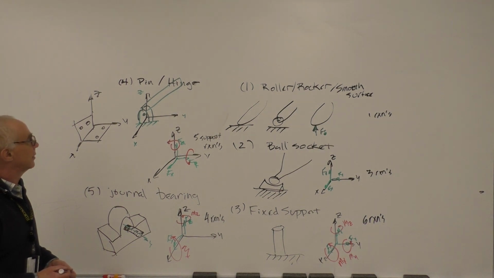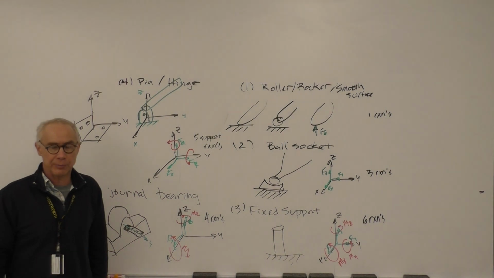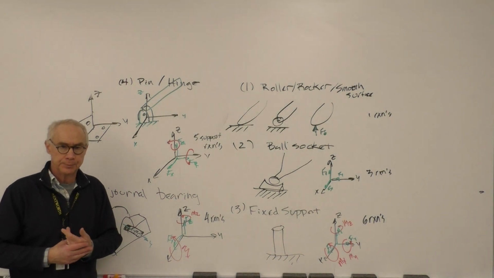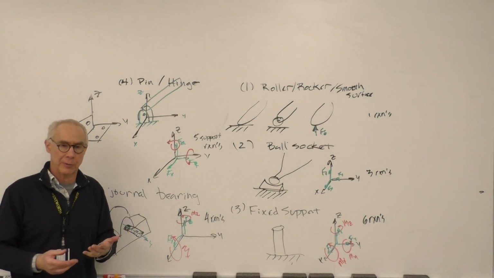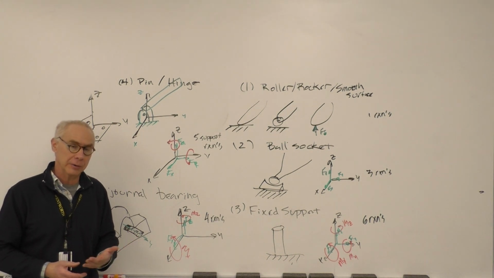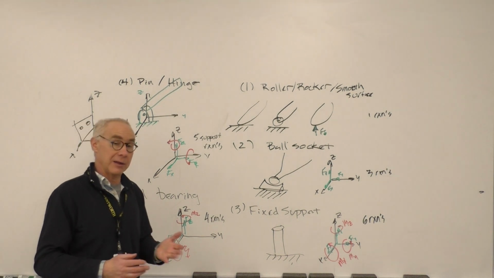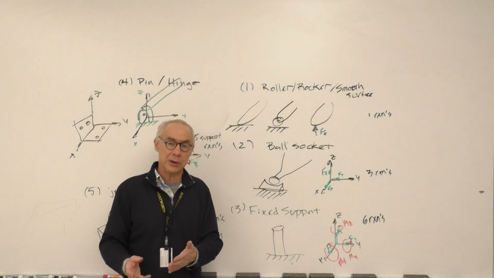All right, so the way you solve these problems is similar to the way you solve the 2D problems. We're going to set up our equilibrium equations. So we're going to sum the forces and we're going to set them to 0. We're going to sum the moments to 0. The only difference is, in this case, in addition to the force in the X and Y direction, we have a force in the Z direction.